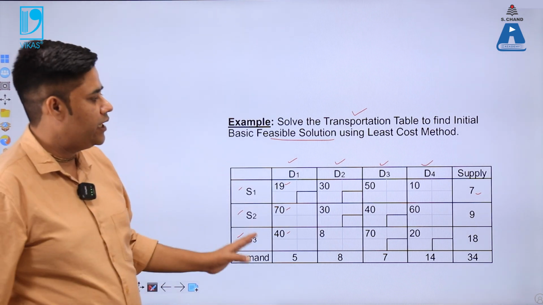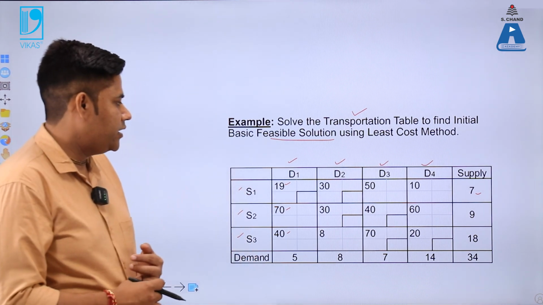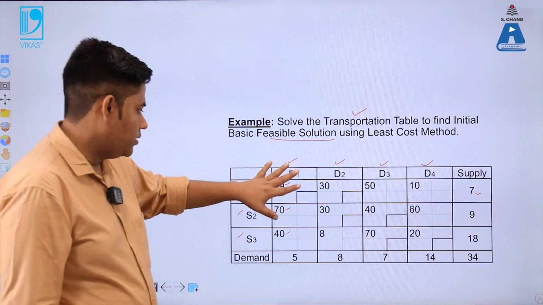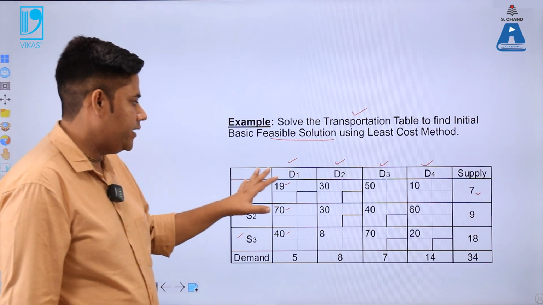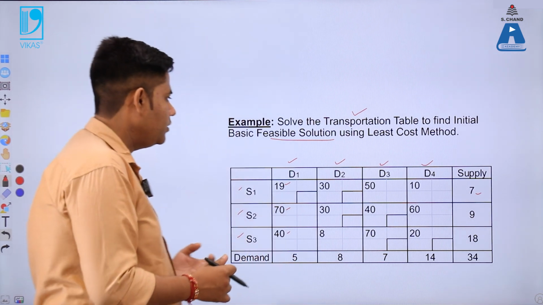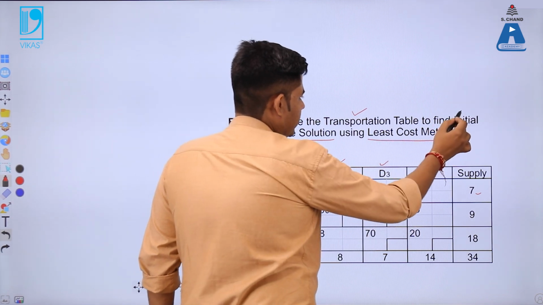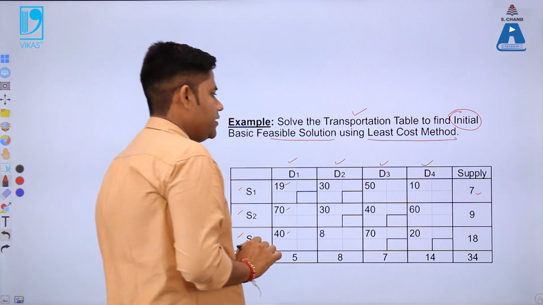Now this is the table that is being indicated here. What is required from our side is to write the number of items that are required to be transported. So this is the second method, the least cost method, which is used to find out the initial basic feasible solution.